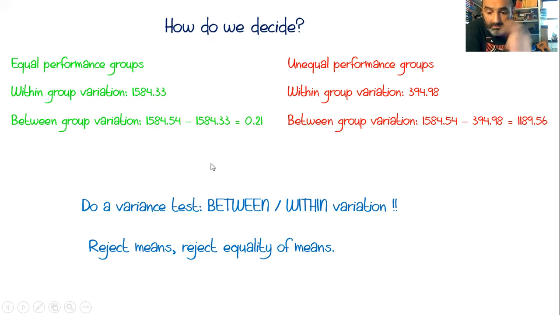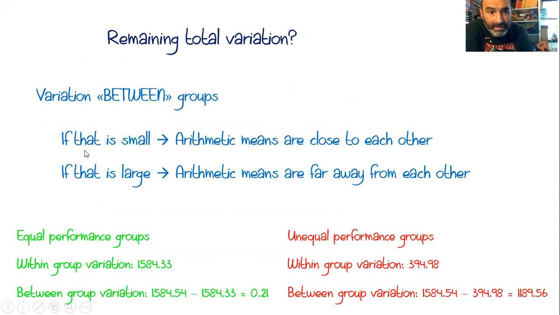And remember that slide, it says if between variation is small, arithmetic means are close to each other, which means fail to reject H0. If between variation is large, then I'm going to say arithmetic means are far away. I'm going to reject H0 and accept the alternative hypothesis. Okay? So when will I reject? If between variation is large.